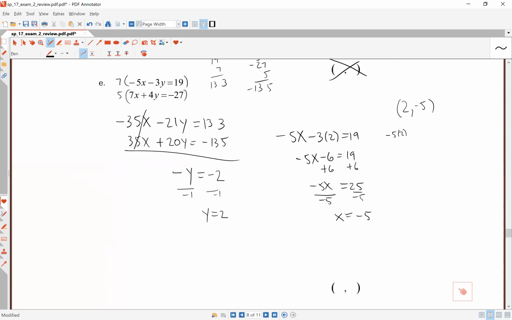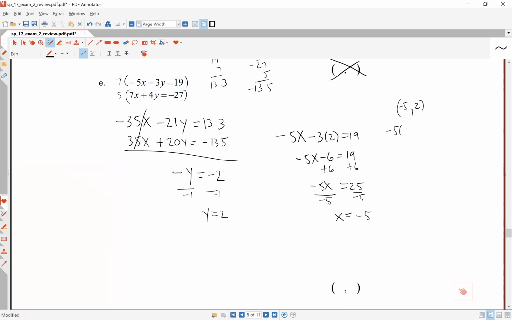Negative 5 times 2 is negative 10, minus 3 times negative 5. That's negative 10 plus 15, and it's supposed to be 19. And so as I look back here, I see that the x is negative 5 and the y is 2. This is why we check our work.